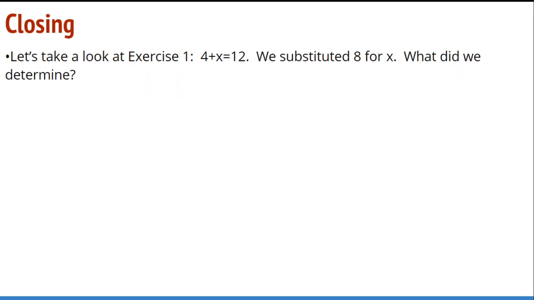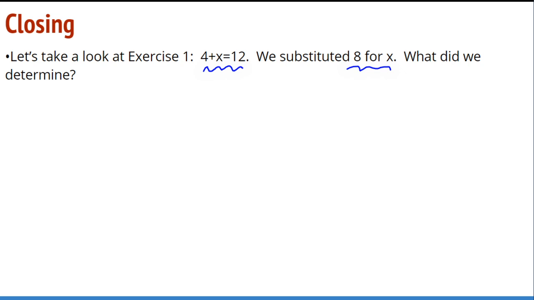All right, so a little bit of reflection here. We've gone through and played with a whole bunch of number sentences, equations, and inequalities, finding situations where they're true, finding situations where they're false. So looking back at exercise 1, we had 4 plus x is equal to 12, and we substituted 8 for x. And the question is, what did we determine here? What did we figure out?